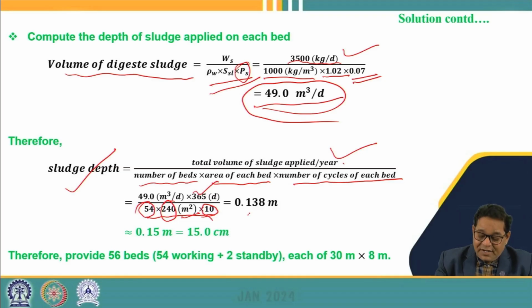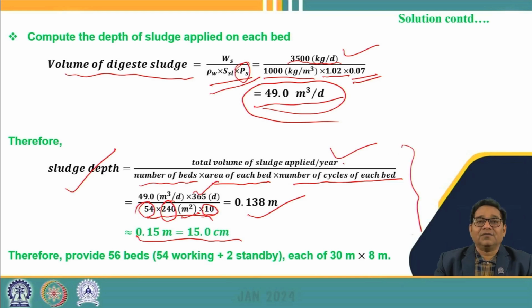If we divide, we get the thickness of the sludge equal to 0.138 meter, which is less than, approximately equal to, 15 centimeter. So I think this also confirms the prescribed range of sludge thickness, that it should not exceed 15 centimeter.